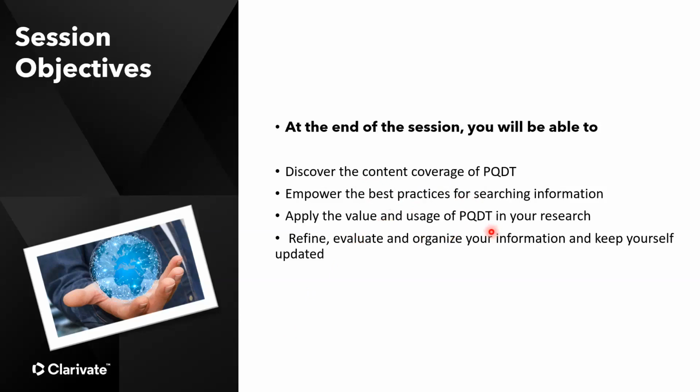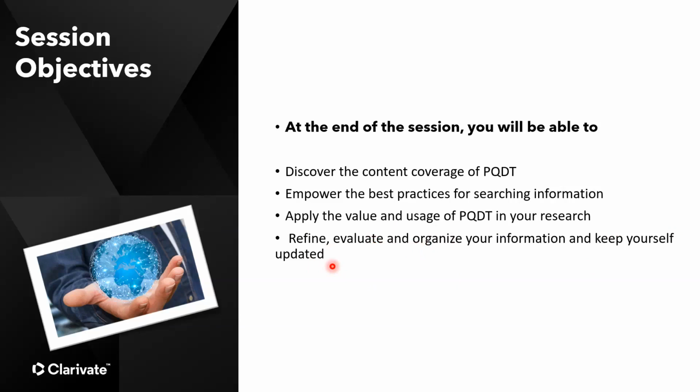Before I even read and synthesize them, I want to quickly organize the information systematically, either in my citation management system or reference management system, and also use tools like alerts and RSS feeds to keep myself updated.